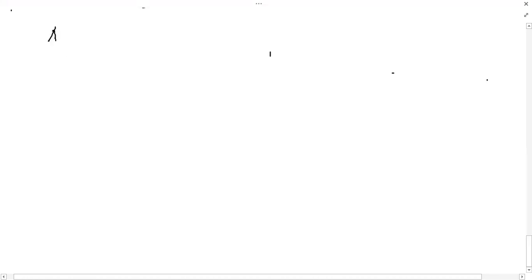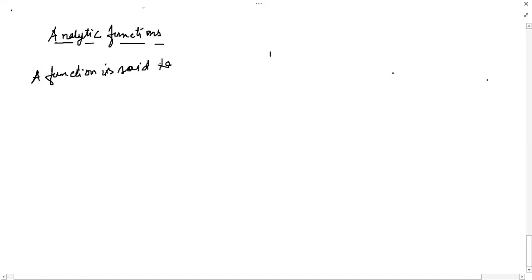Okay. So now let us first discuss what are analytic functions. Differentiability is fine. Now let us discuss analytic function. A function is said to be analytic. Another word for analyticity is holomorphy, so it's said to be holomorphic.